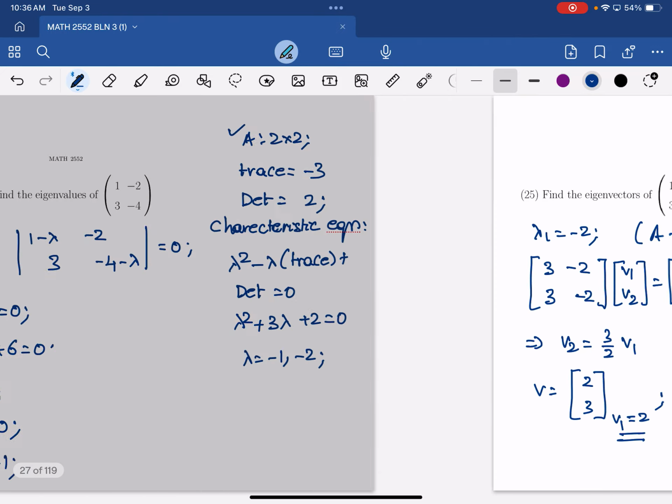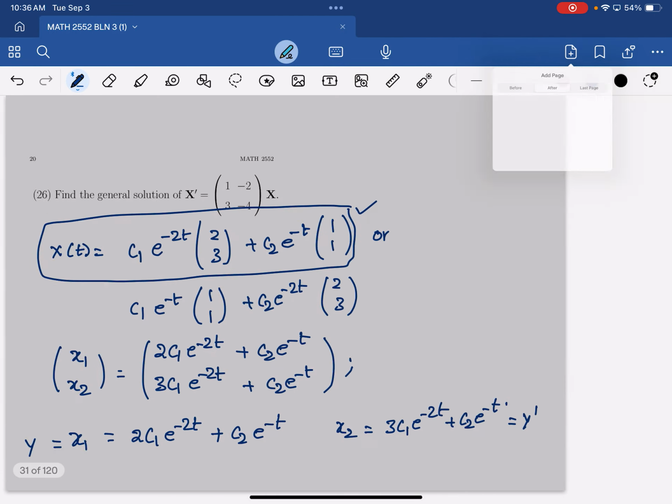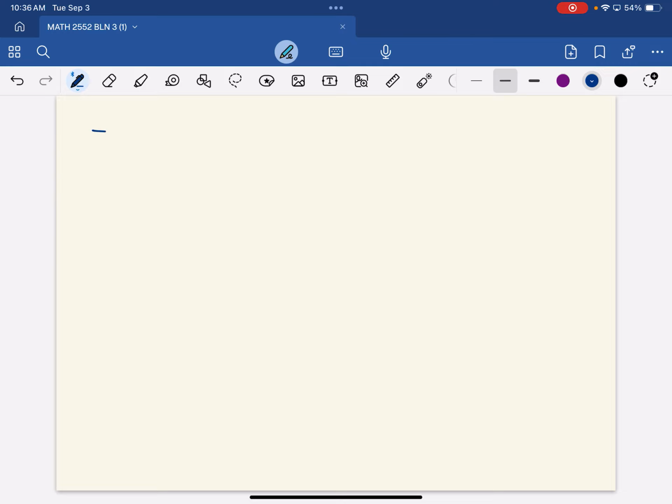Okay, so now what are we going to say here? We're going to say the following. The eigenvalues are lambda 1 is less than lambda 2 is less than 0. So the critical point 0, 0 is a sink, a nodal sink.